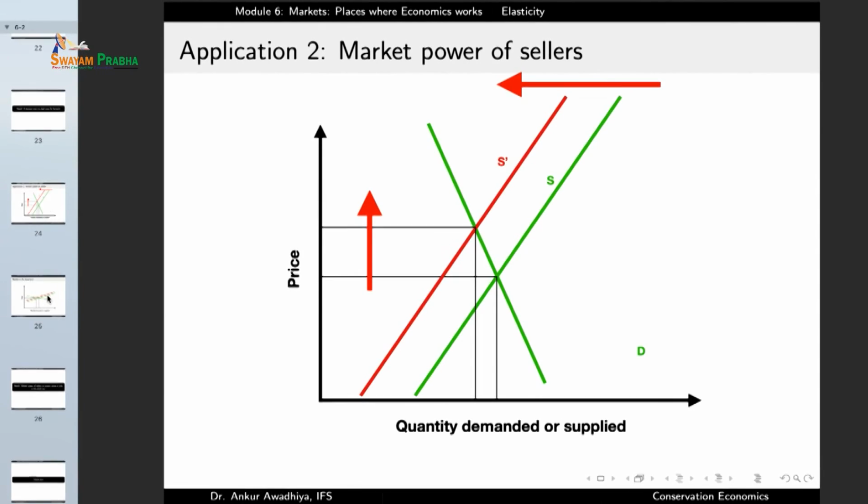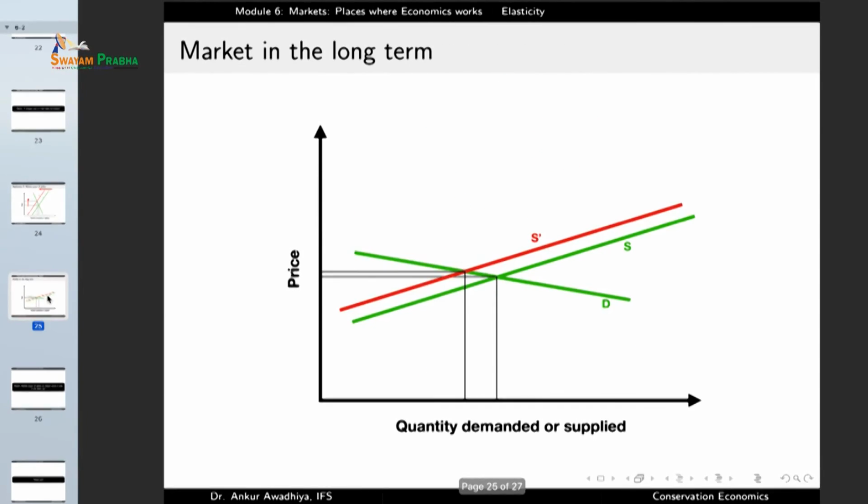In the long term, what happens is that people may shift their demand curves. So, if the rate of petrol is too high, people would shift to, say, more fuel efficient vehicles, or they will shift to electric vehicles, or they will start using public transport, or they will start doing carpooling. Now, in such a scenario, the demand becomes pretty much elastic, because people are now shifting the equipment that they were using.